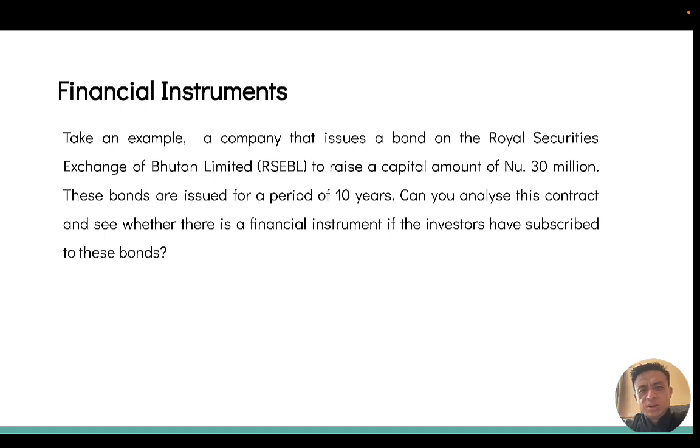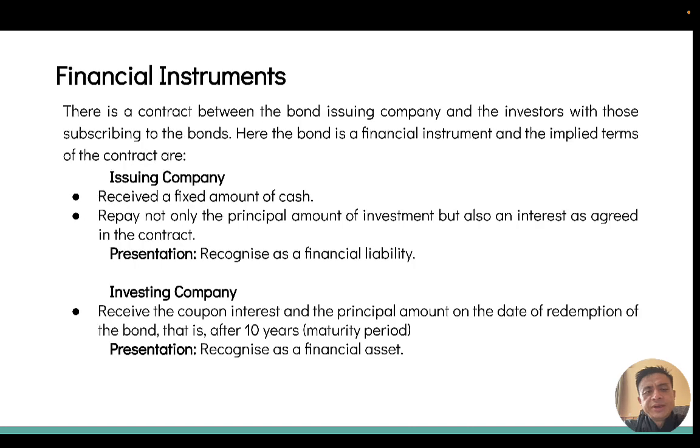So here, when investing companies or individuals purchase bonds or shares from the companies, they do not come in direct contact with the issuing companies, so therefore the contracts are mostly implied. Let's look at whether there's a financial instrument and what the conditions of the contract are. There is obviously a contract between the bond issuing company and the investors subscribing to the bonds.